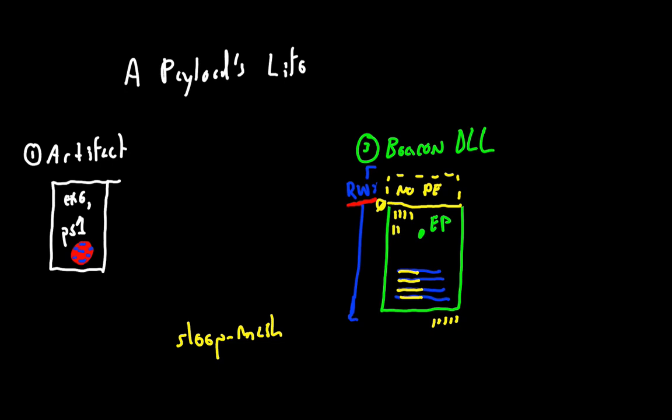So it'll do that to this whole space. And when your beacon is about to wake up, it will undo that masking of all the content inside of your beacon payload, and by that, the content of the beacon DLL itself.